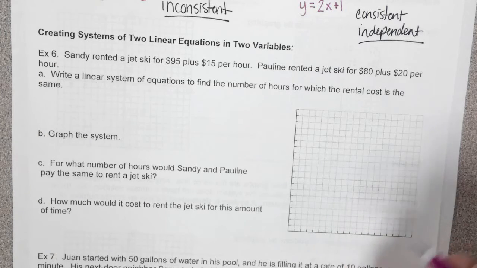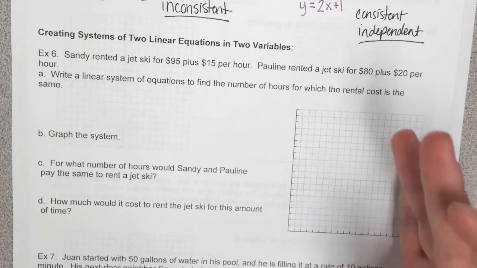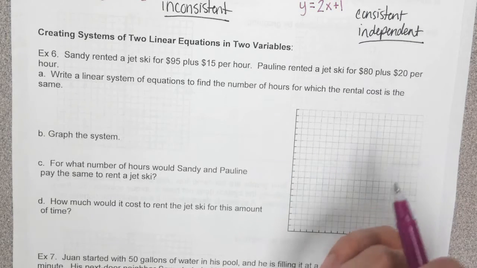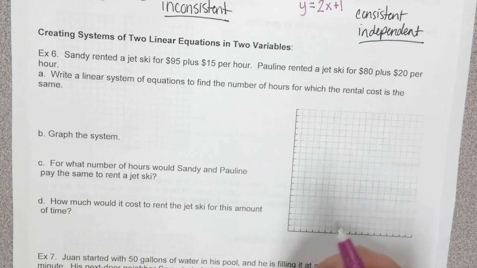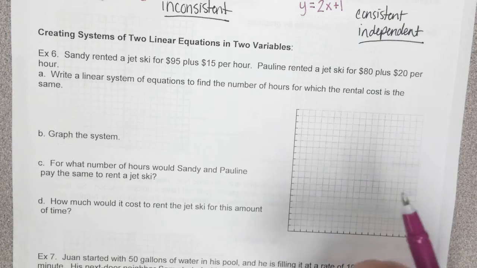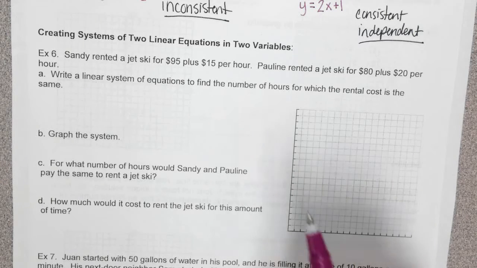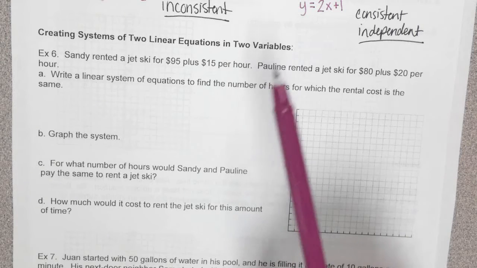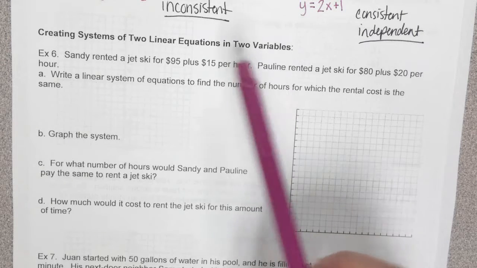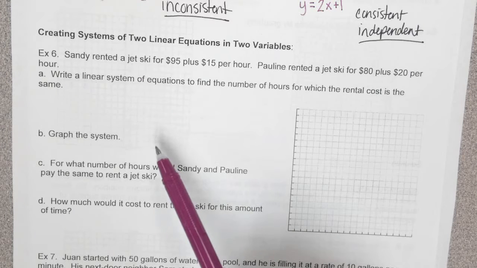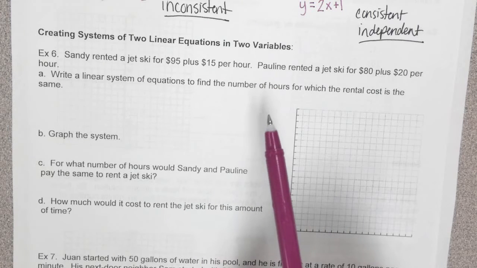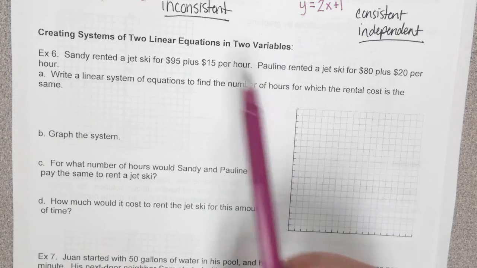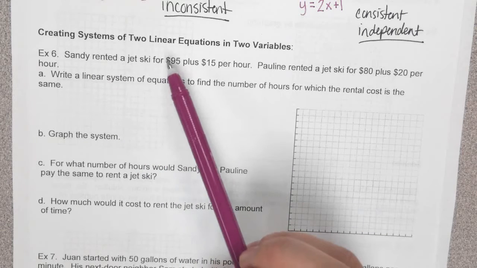So what are our variables here? What are we talking about in the problem? Yeah, we're talking about a jet ski rental, but what are the things that can change in this situation? The nouns here, other than jet ski? Sandy rented a jet ski for $95.